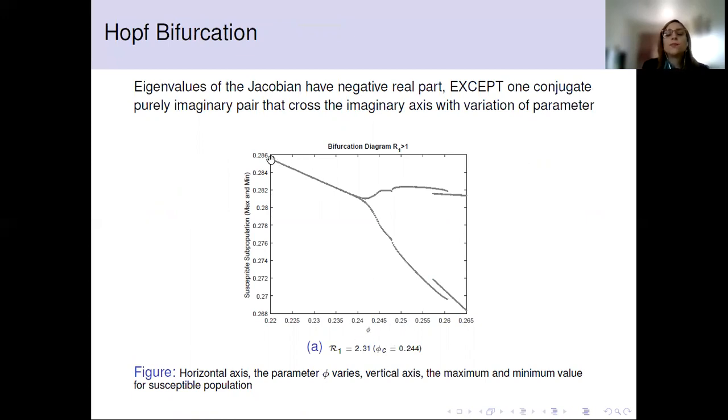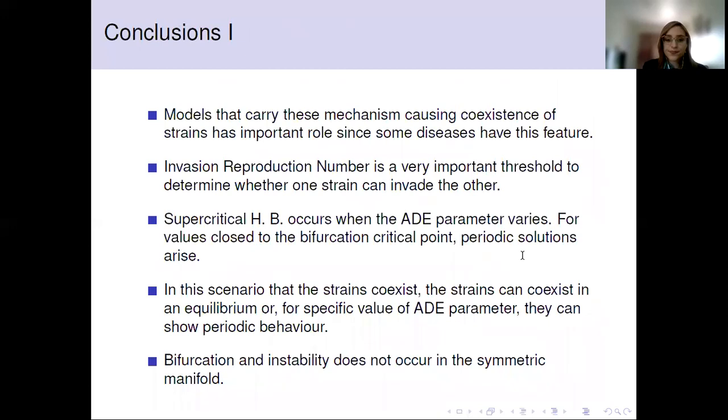The coexistence equilibrium is stable until this critical value of phi, and then we have a Hopf bifurcation. This is the bifurcation diagram for when phi varies.